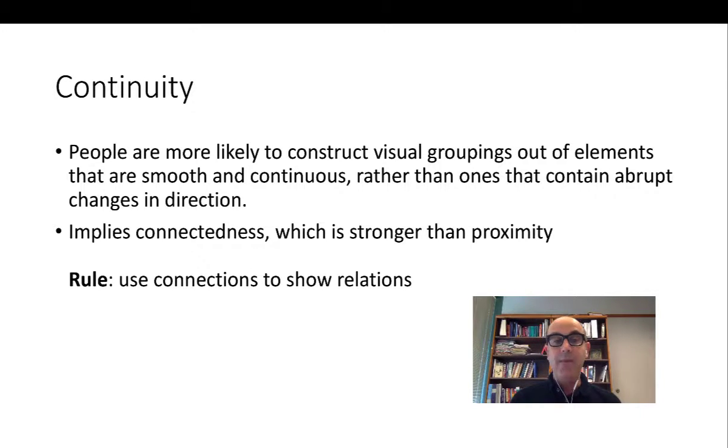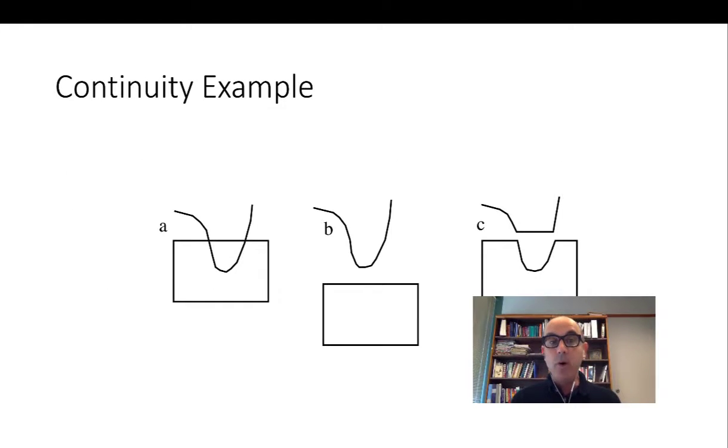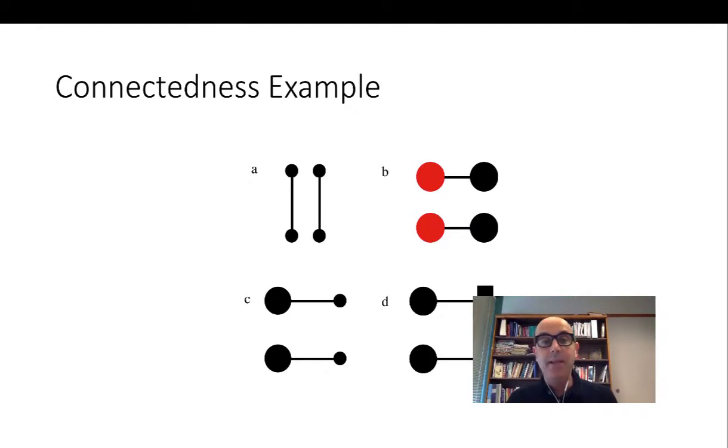Another way is to construct visual grouping of the elements by applying connectedness, which is stronger than proximity. Use connectors to show relations. Example, again, A, B, and C, and show the connection, how they relate to each other. Example C does not show you a good example, but example A is a good example, and example B might be something in the middle.